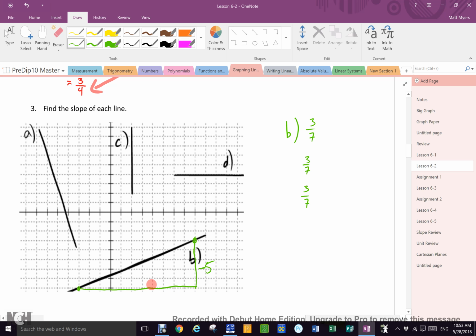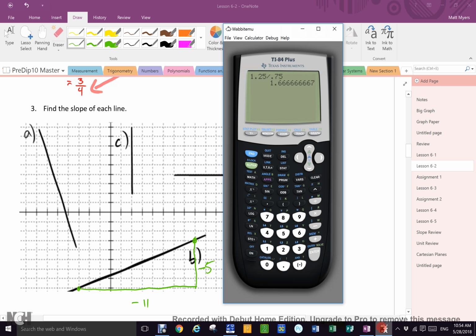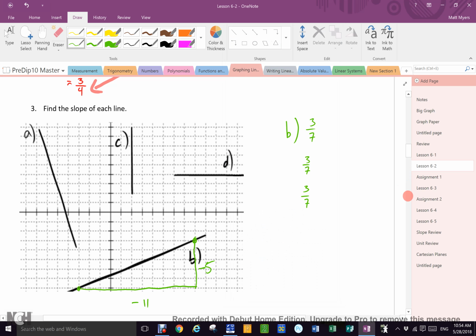And 1, 2, 3, 4, 5, 6, 7, 8, 9, 10, 11. 5/11. Now, three divided by 7. 5 divided by 11. Are they close enough? Everybody get the marks? Everybody understand? Good.